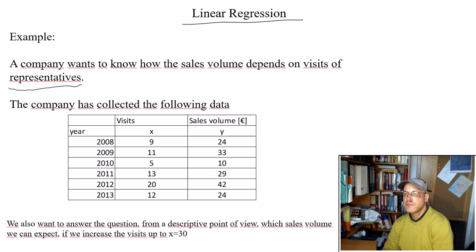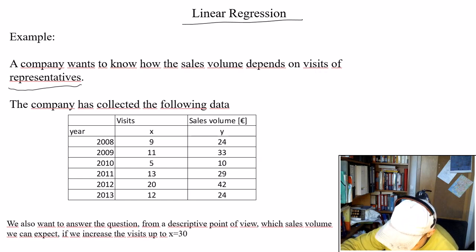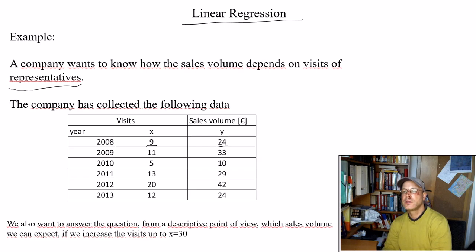Then we found in our historical data that when we made 9 visits, I had a sales volume of 24 euros. And in 2009, I had 11 visits and I had a higher sales volume of 33, and so on over time.